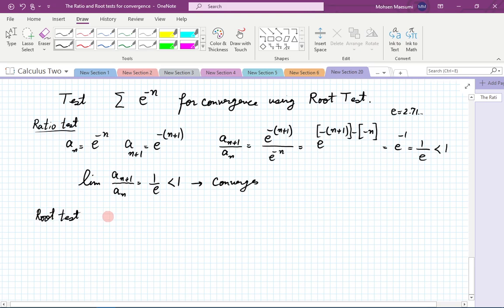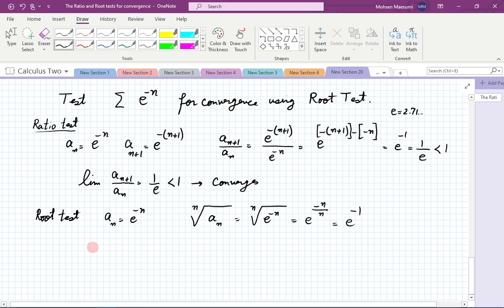So a_n is exponential of minus n. I want to calculate the nth root of a_n. So that is the nth root of exponential of minus n. How do you handle this? Well, one way to do that is to divide this exponent by that exponent, exponential of minus n over n. So that is exponential of minus 1, just like that one.